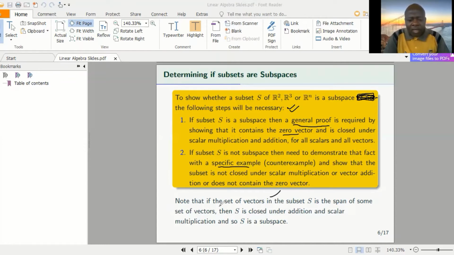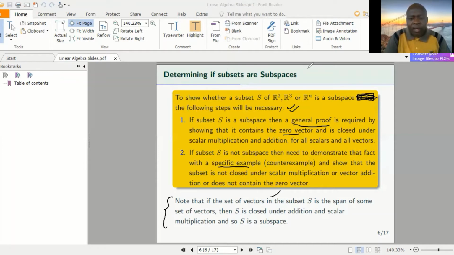Now I've said that note that if the set of vectors in the subset S is the span of some vectors, then S is closed under addition and scalar multiplication, and so S will be a subspace. And we'll show an example capturing this point. When that time comes for that example, I'll make this point clearer to you.